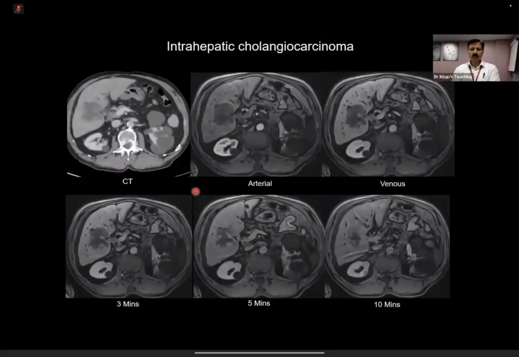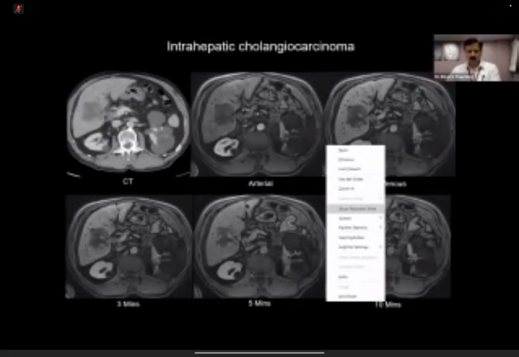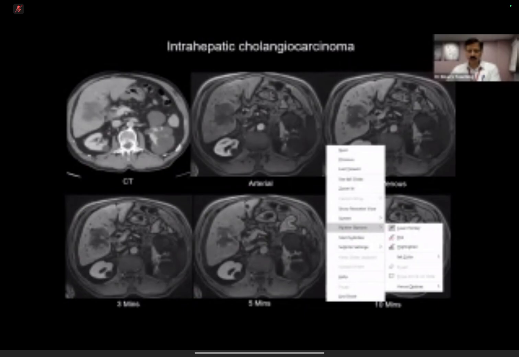This is the behavior of a serous type of tumor. And similarly, there are some metastases which have got similar histology. So there will be a bit of fibrosis centrally. Now, if you look carefully, if I come out of my pointer option, I am just trying to change it.